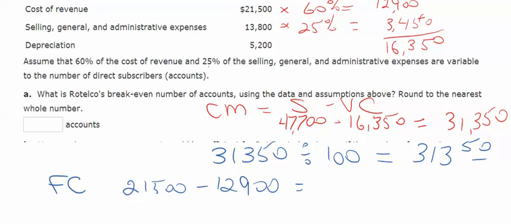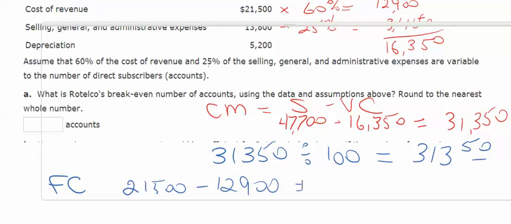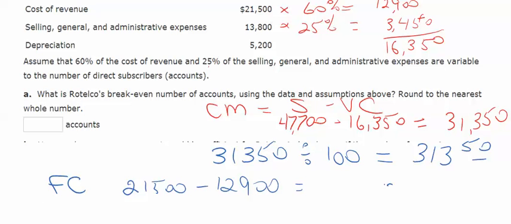So for the cost of revenue, my fixed cost portion, let's see, that would be 9,600? Let's double check that. 8,600, that's probably right. Thank you for that. So it would be $8,600 would be my fixed portion of the cost of revenue.